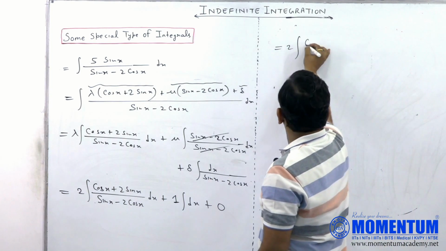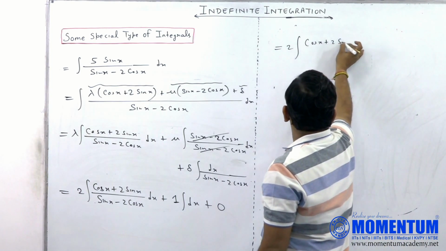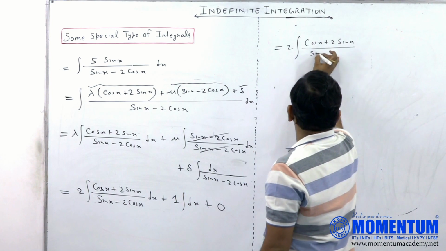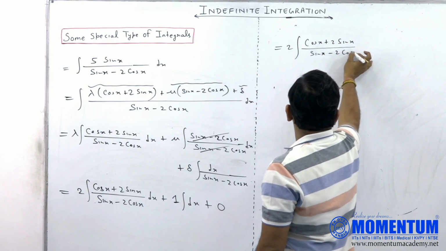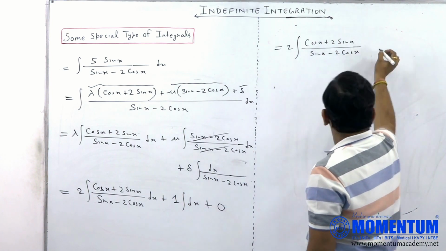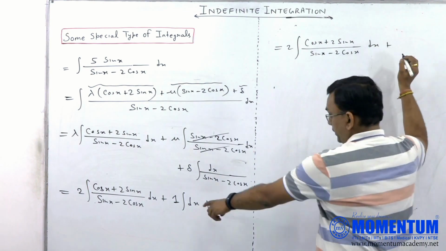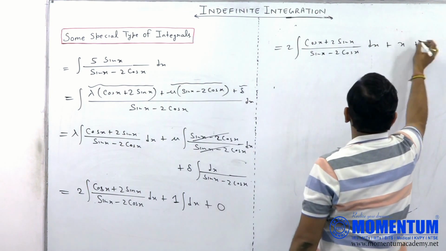So 2 times integration of cos plus 2 sin divided by sin x minus 2 cos x plus integration of dx, x, and 0.